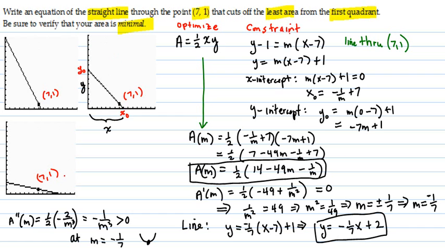So before we do that, I want you to see what's really happening here. These are all lines over here that are through (7, 1). This first one, you have a lot of area here, and then as the line moves down for the second picture, you get a little less area. If you move down to the third picture, it's even less area.